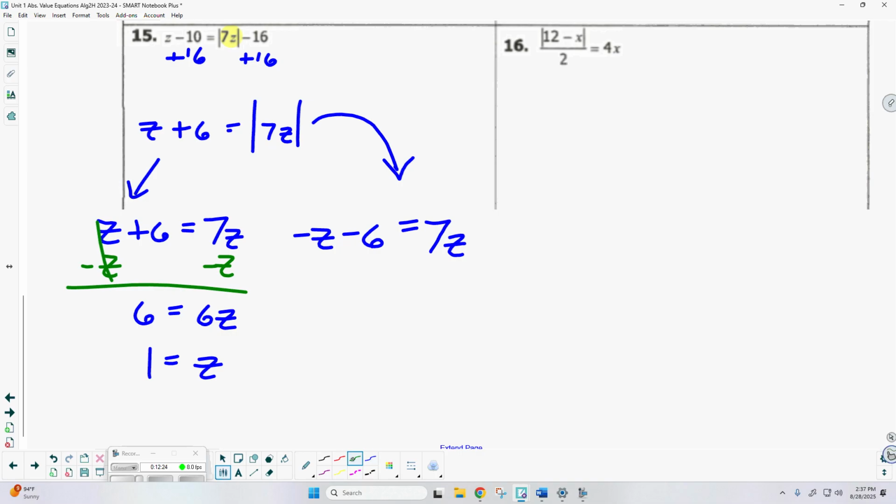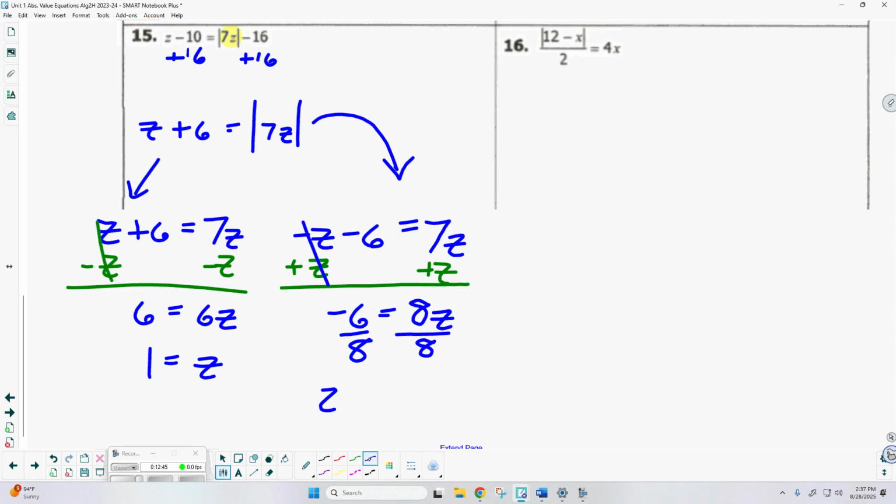This time I'm going to have to add the z. Okay, opposites cancel. Negative 6 equals, how many z's do I have now? Oh, okay, so you're getting ahead of me. Sure, you're right. So that is going to be 8z. Now when I divide through, negative 6/8, z is going to equal a negative 3/4.